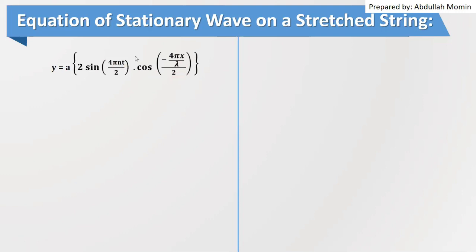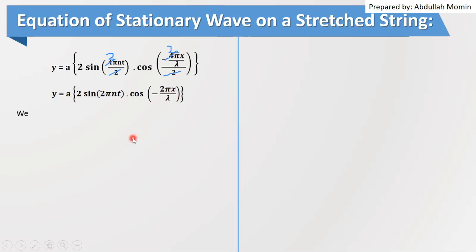Now this 2 and this 4 can be divided, and we will get 2. So what we are getting in our next equation is y is equal to a 2 sine 2 pi nt into cos minus 2 pi x upon lambda.